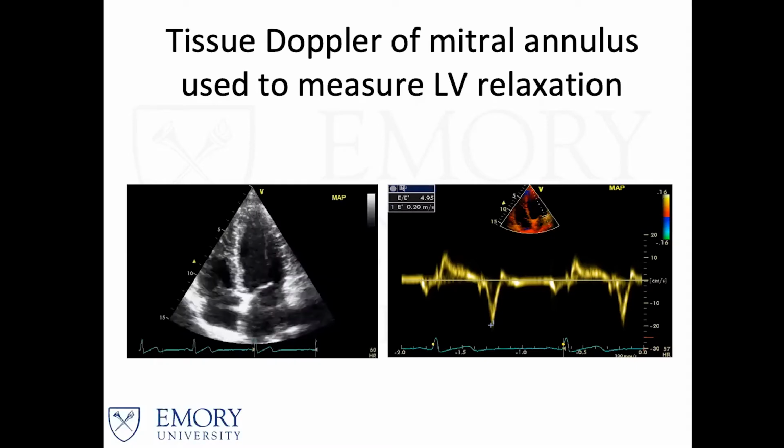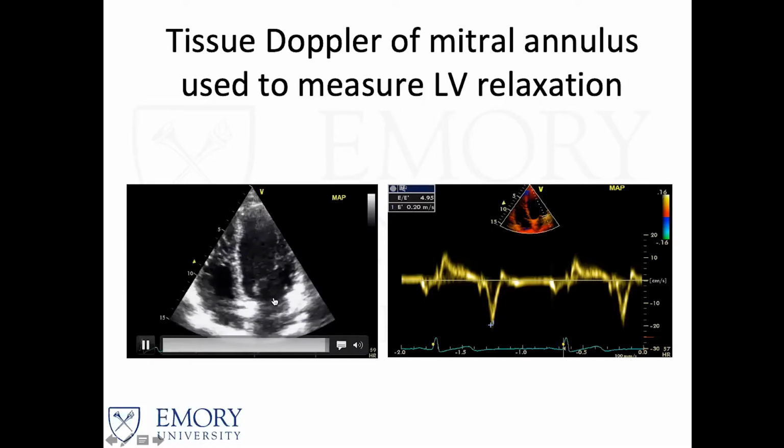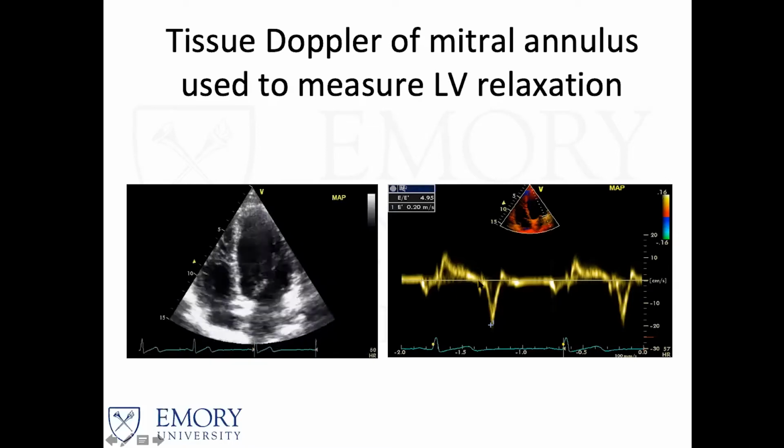Whereas if I see an older person with 7 and 10, that's probably closer to the spectrum of normal. But again, this tissue Doppler is the way that we can assess how well the heart relaxes. And that is relaxation, how well the heart is able to suck blood out of the left atrium and pulmonary veins.